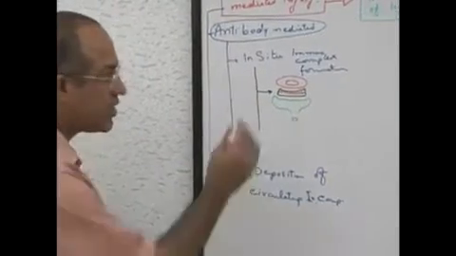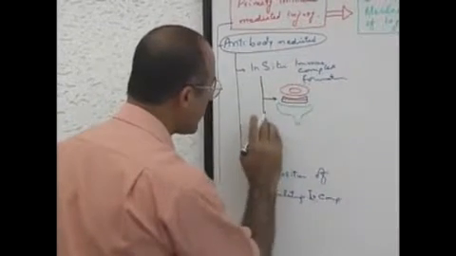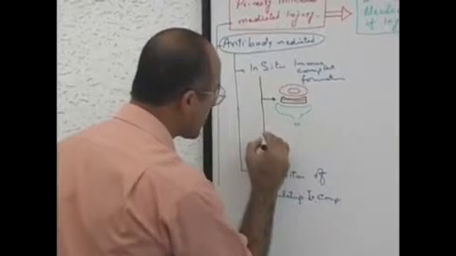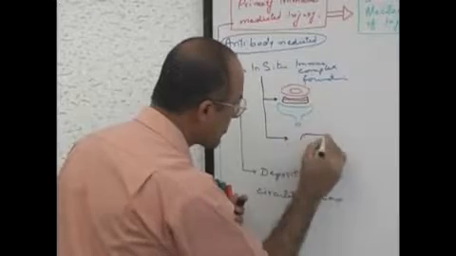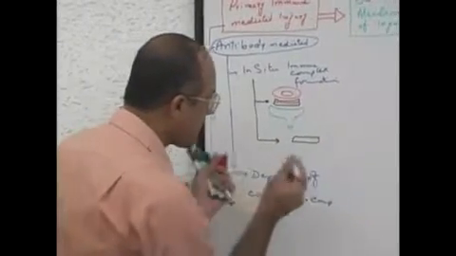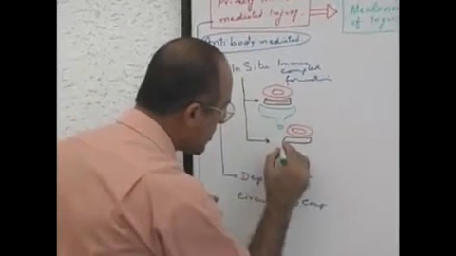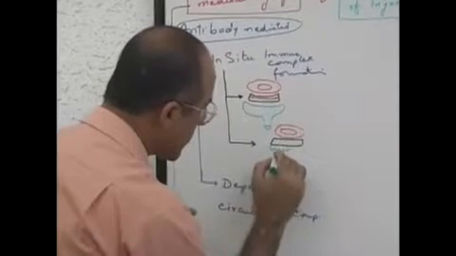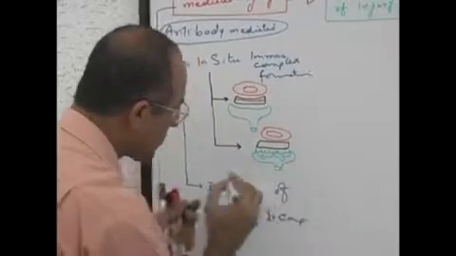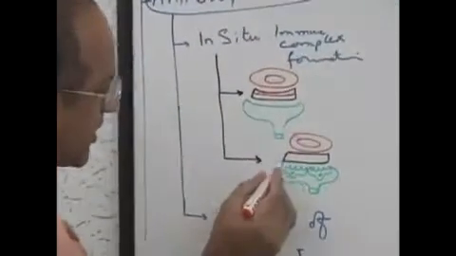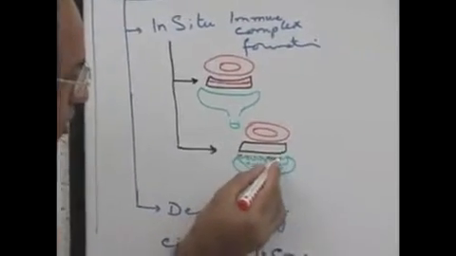The second example we took was one in which antigens are present at certain points, so antibodies reacted only at those points.